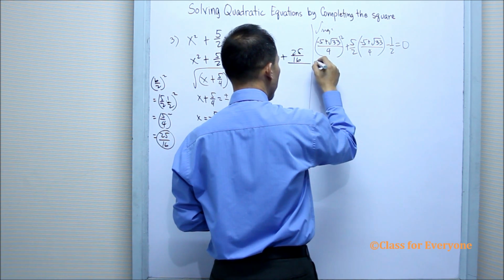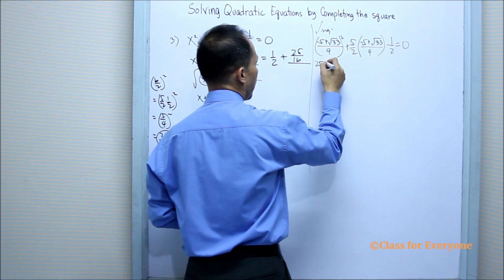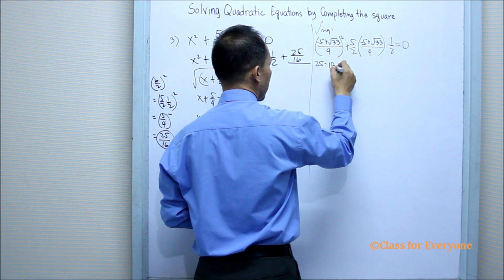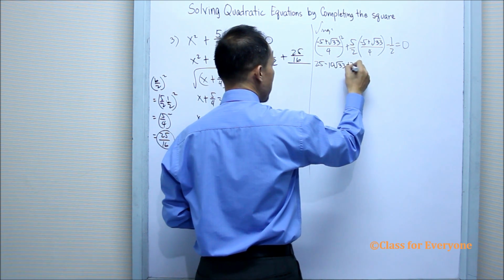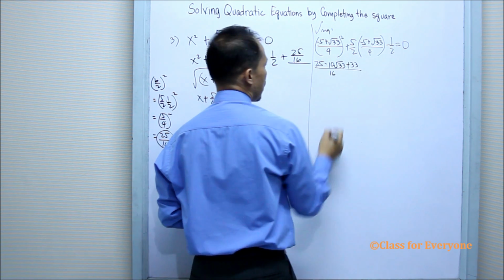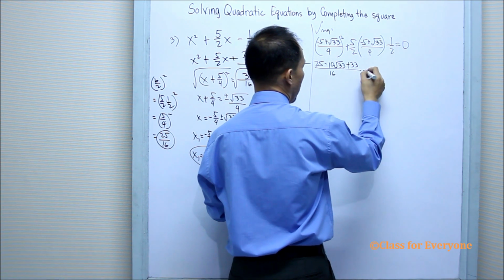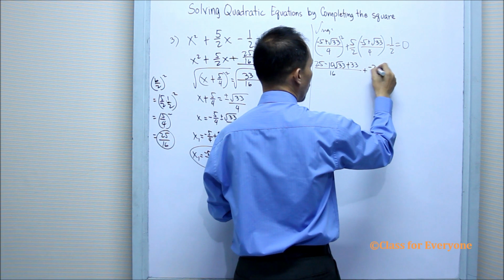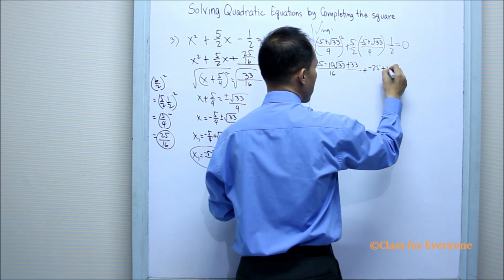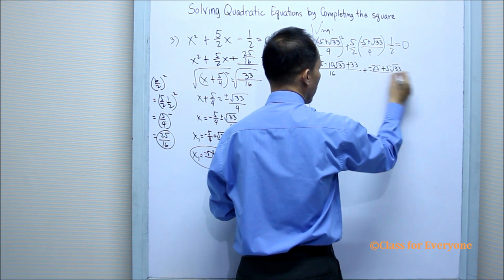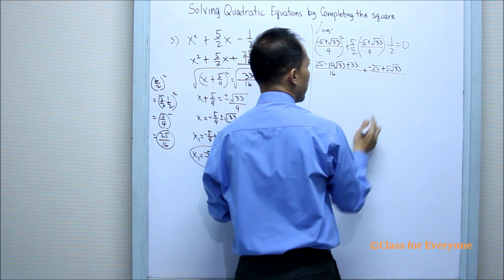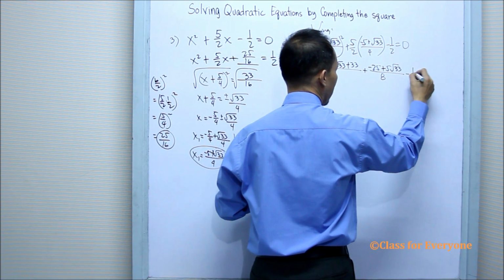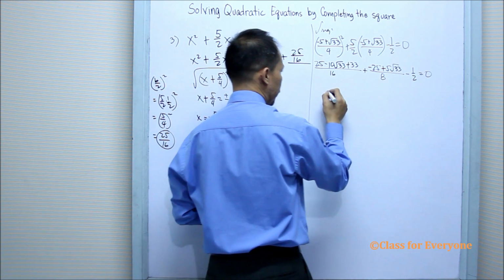Squaring the numerator, 25 minus 10 times the square root of 33 plus 33 over 16, plus 5 times the numerator, we have negative 25 plus 5 times square root of 33 over denominator 8, minus 1/2 equals 0.